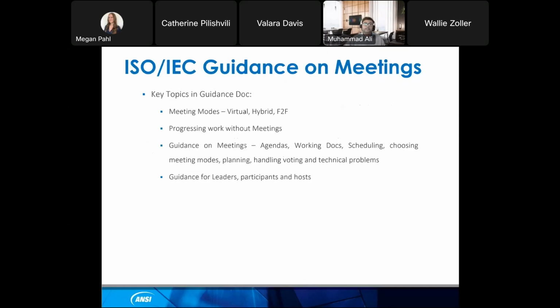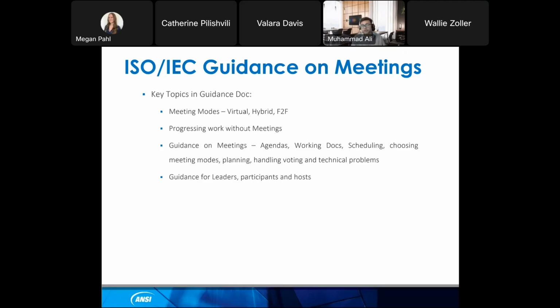If you move on to the next slide, and I mentioned this to you earlier, we do have official guidance available from ISO and IEC both on meetings itself, and the key topics covered within this guidance document include the different meeting modes, virtual, hybrid, face-to-face, and the guidance for each of those modes, and how to progress work in between these meetings.